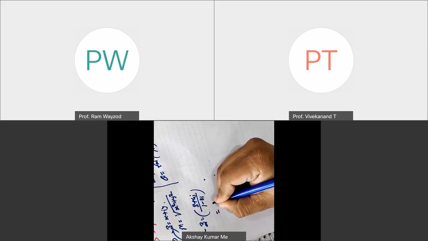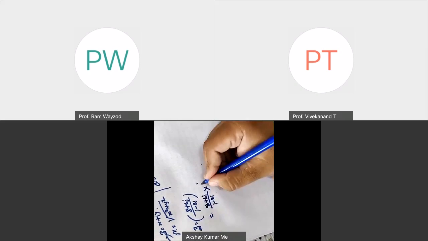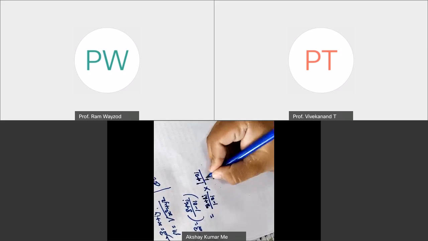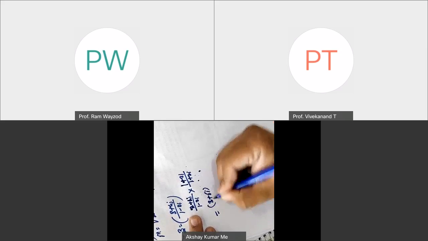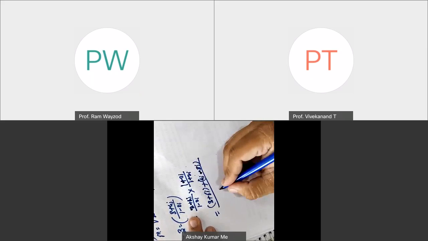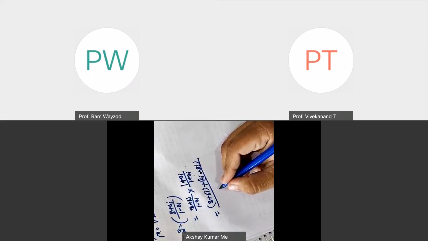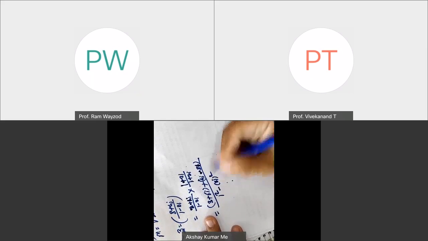First we convert it into standard form, that is, the real part should be separate and the imaginary part separate, x plus iy. So here we multiply by the conjugate: (3 plus 4i) upon (1 minus 2i) times (1 plus 2i) upon (1 plus 2i). Just simple calculation: 3 plus 6i plus 4i minus 8 upon, minus i square means minus 1 and a minus b, a plus b gives 1 square minus (2i) whole square.